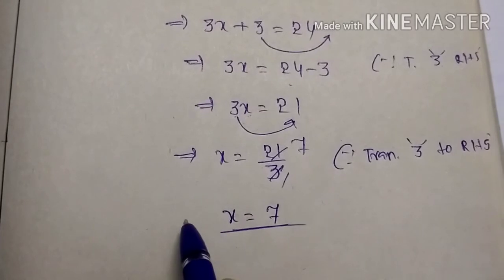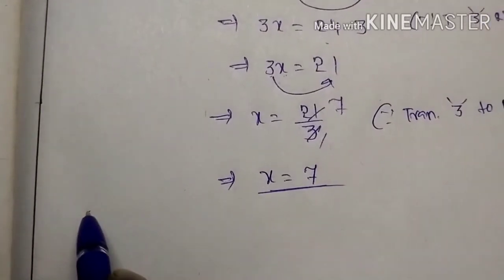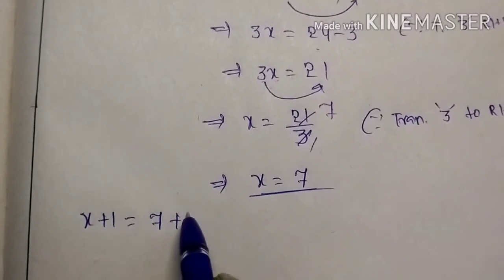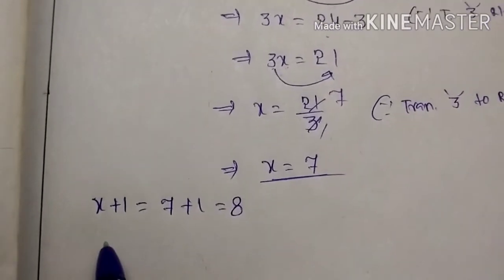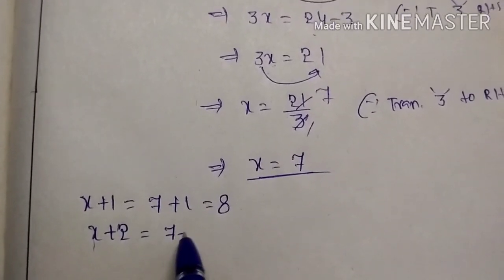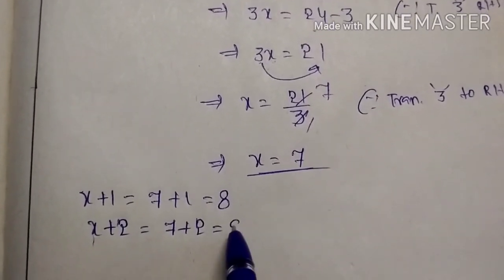7. That means the 3 consecutive numbers are, therefore, next you can see here x plus 1 is equal to how much? 7 plus 1 means it is 8 only. Here x plus 2 is equal to how much? Here 7 plus 2 is how much? Here 9.